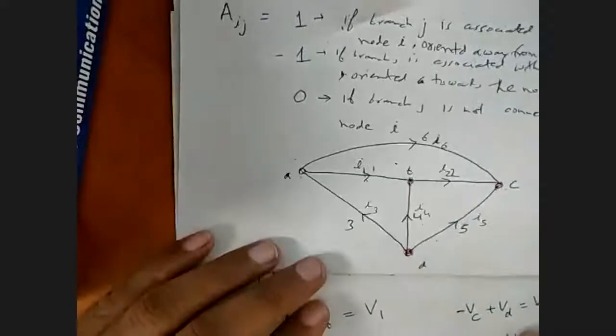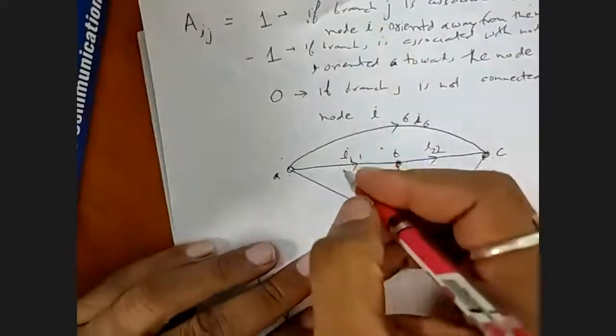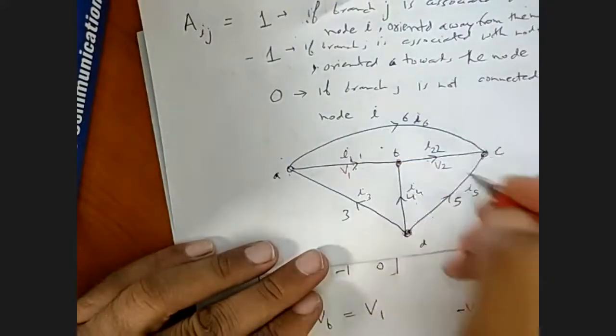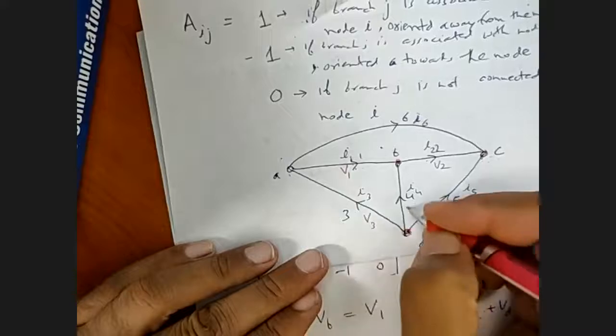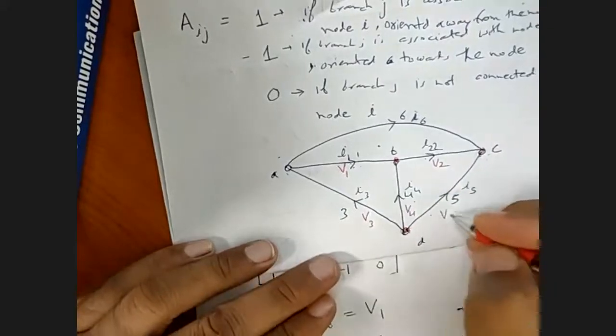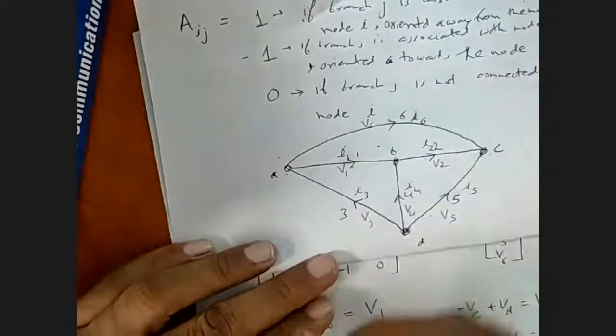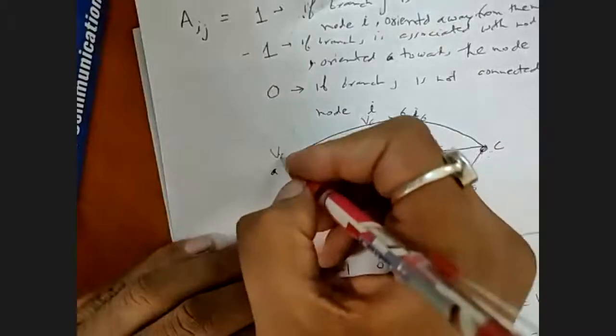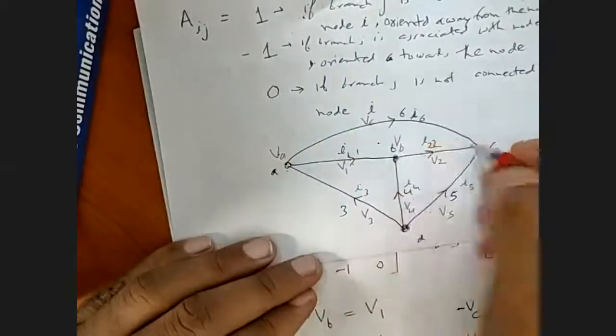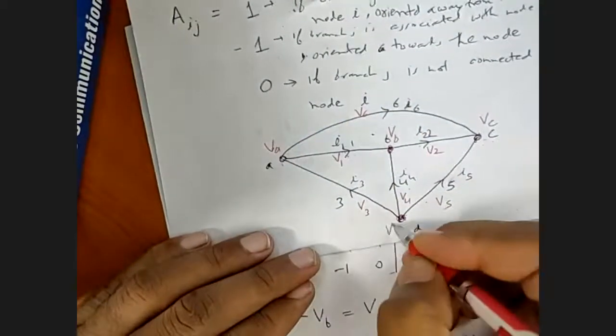Now if you look at the original network, this is V1, V2, V3, V4, V5 and V6, and these are voltages VA, VB, VC and VD.